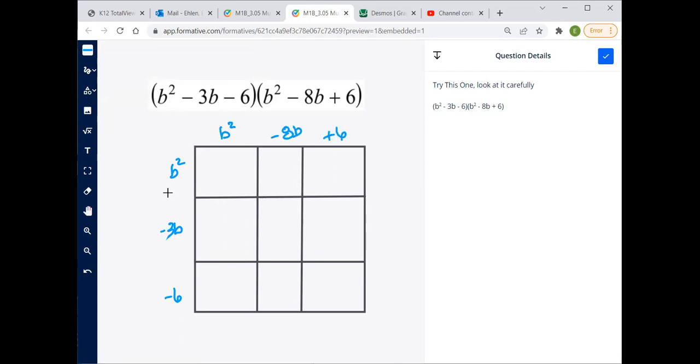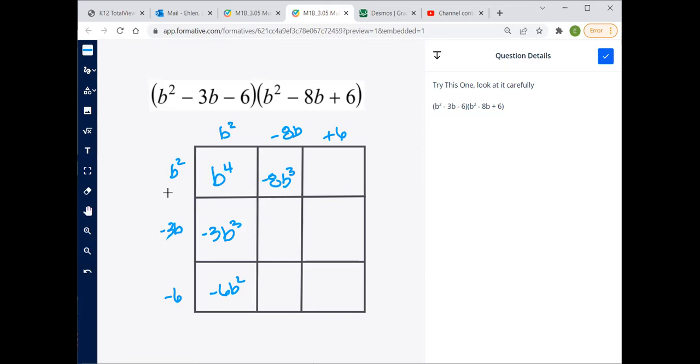So b squared times b squared. Remember, you add those exponents, so it's b to the 4th. Negative 3b times b squared is negative 3b to the 3rd. Negative 6 times b squared, negative 6b squared. b squared times negative 8 is negative 8b to the 3rd.